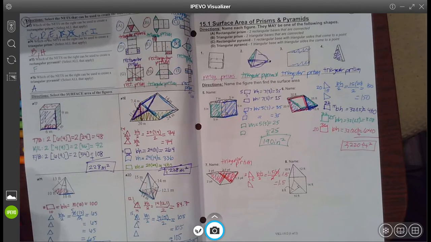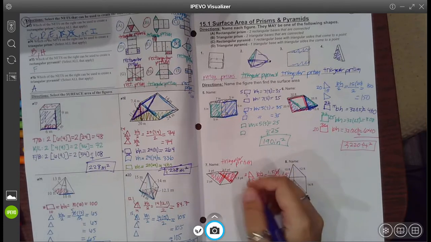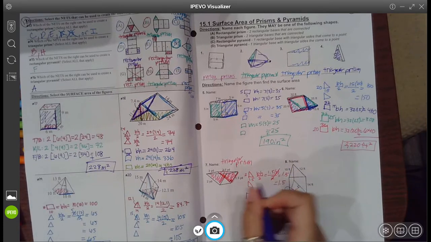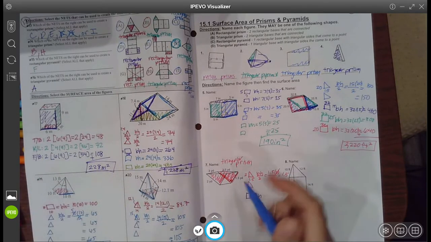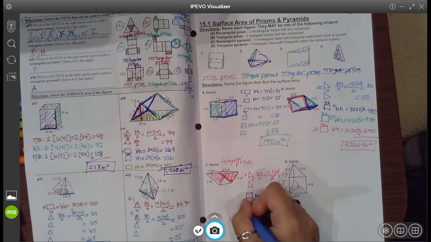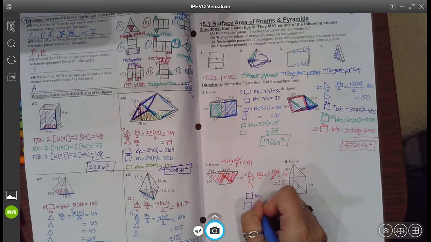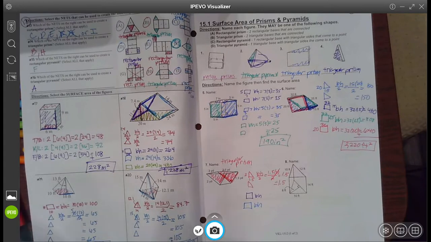Now, how many rectangles am I looking for to come off? There should be 3 rectangles of base times height because it was a prism, so rectangles come off of it, and a triangular prism. So 3 total rectangles need to come off because your triangle has 3 sides. All right, where's the first one that you see?